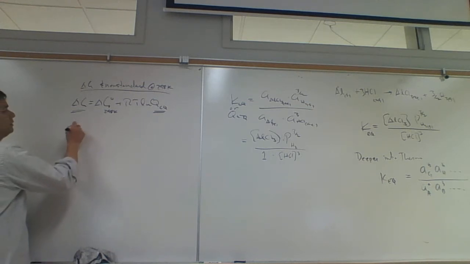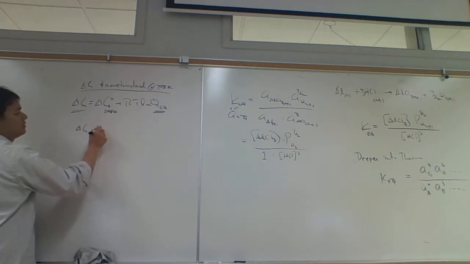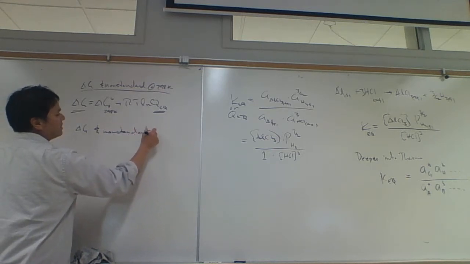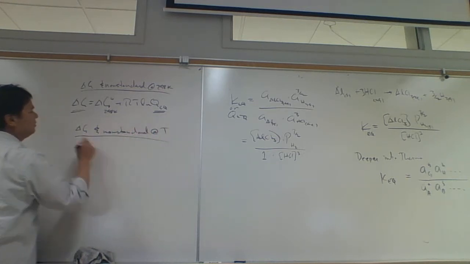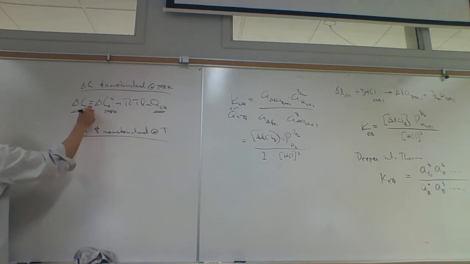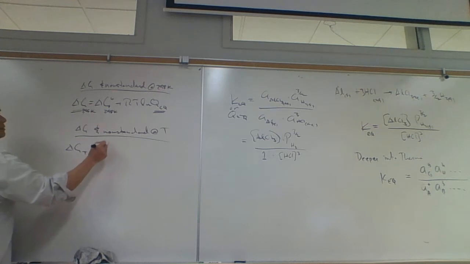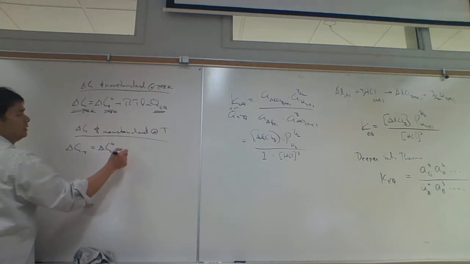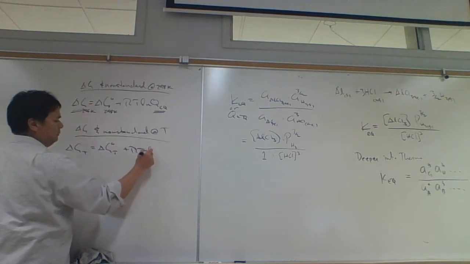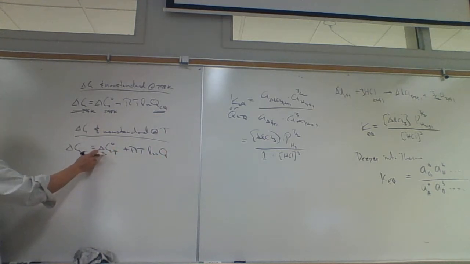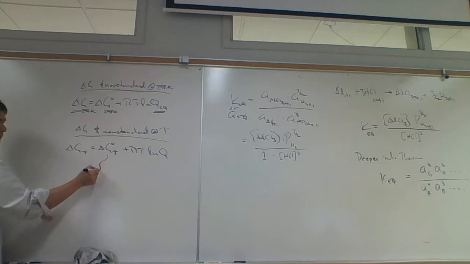Now, if we look at delta G in non-standard conditions at a temperature T, then we're looking at delta G at temperature T, which is equal to delta G naught at temperature T plus RT ln of Q.